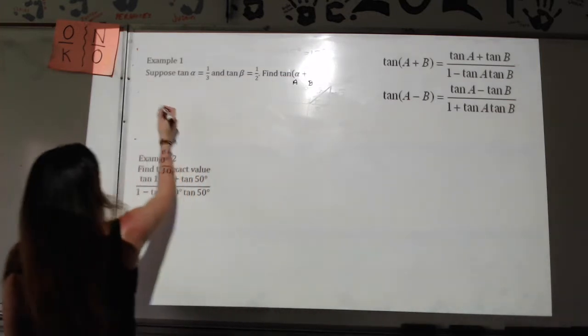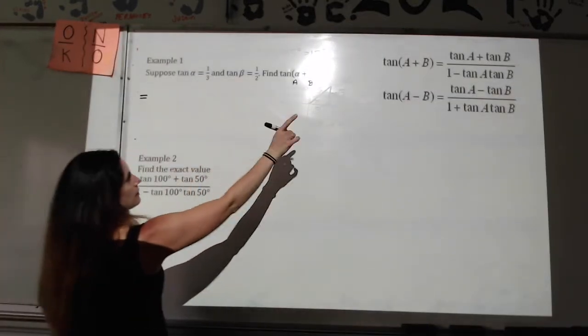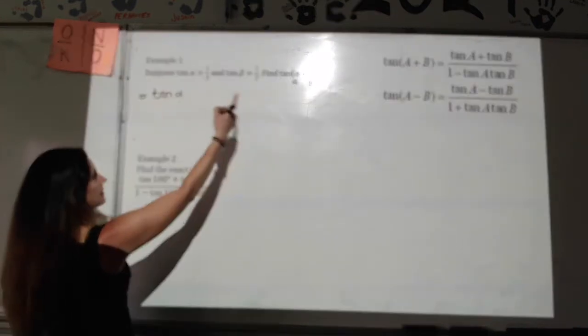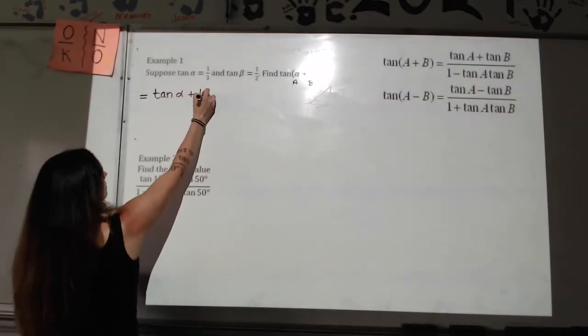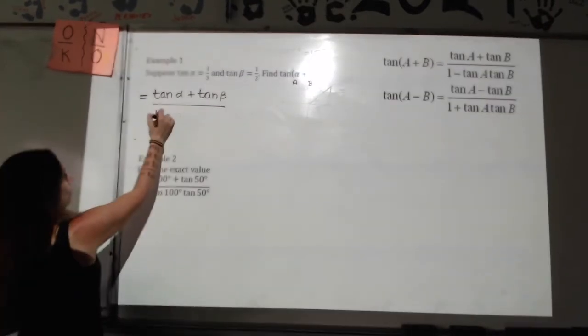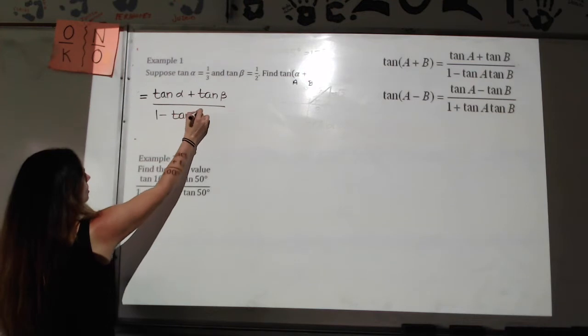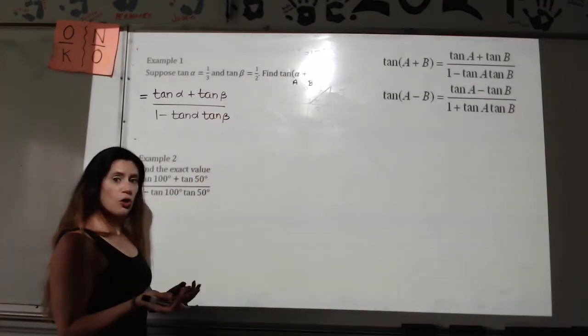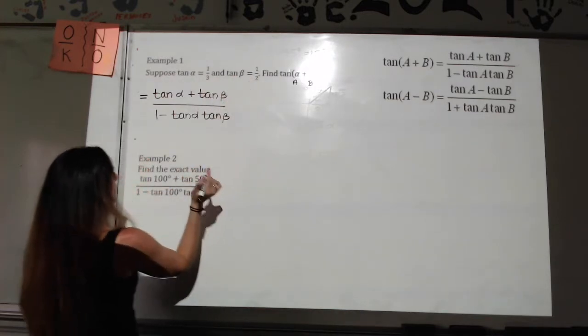So when you plug them in for this particular problem, it's going to be equal to the tangent of alpha, using that top formula, plus the tangent of beta over 1 minus the tangent of alpha, tangent of beta. And all you have to do now is plug those values in.